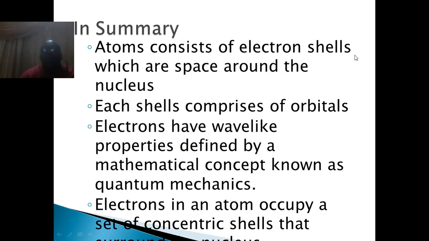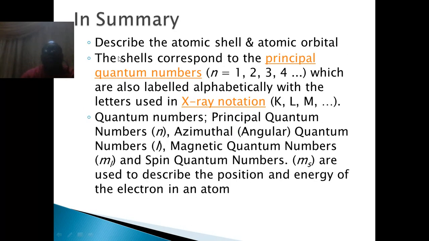Atoms consist of electron shells, which are spaces around the nucleus. Each shell comprises orbitals. Electrons have wave-like properties defined by a mathematical concept known as quantum mechanics. Electrons in an atom occupy a set of concentric shells that surround the nucleus. We have also described the atomic shell and atomic orbital.